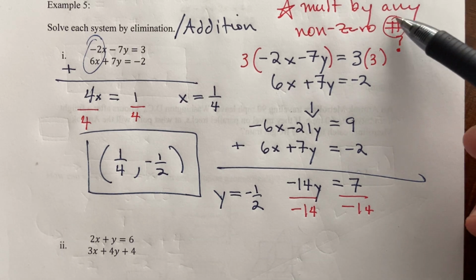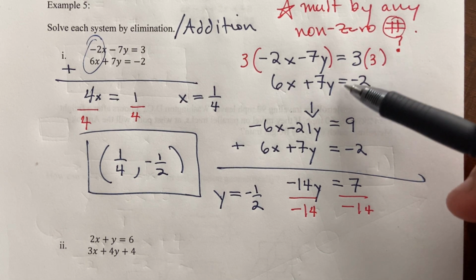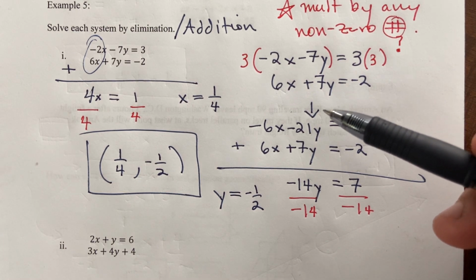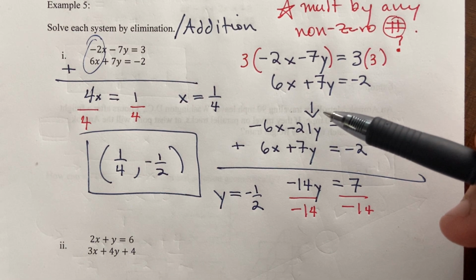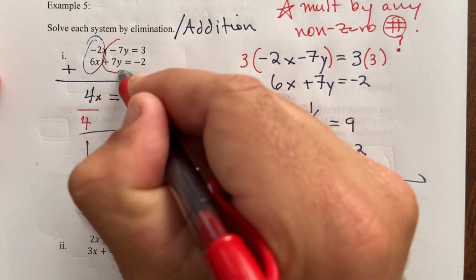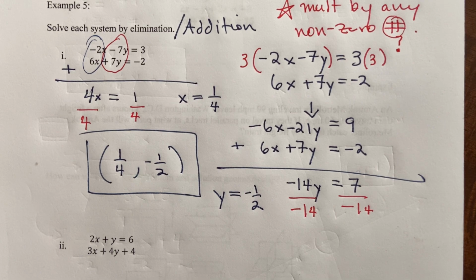So you're allowed to multiply by any non-zero number as many times as you want in order to have opposites. That's when good things happen. These y's eliminated because they were opposite. The coefficients are opposites.